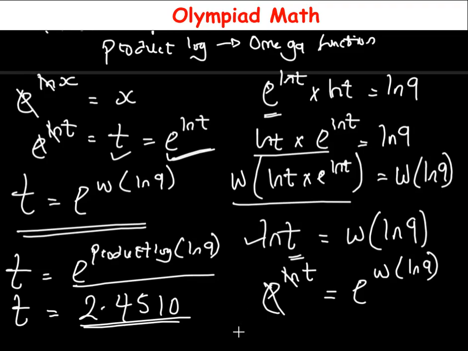Working back to our equation, if you raise 2.4510 to 2.4510, you will get approximately 9. And so the value of t that will give us 9 is 2.4510.